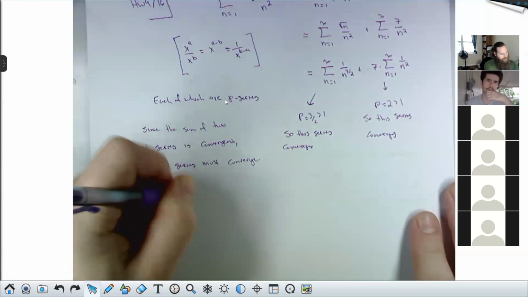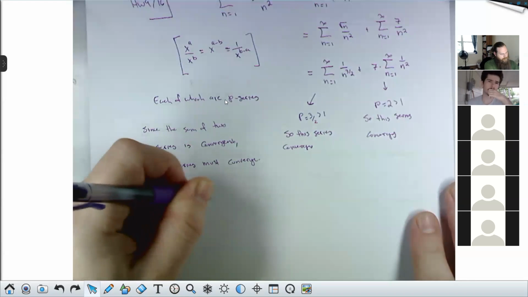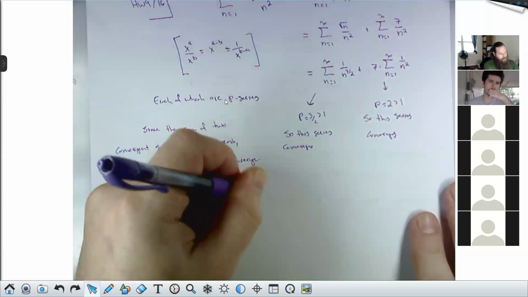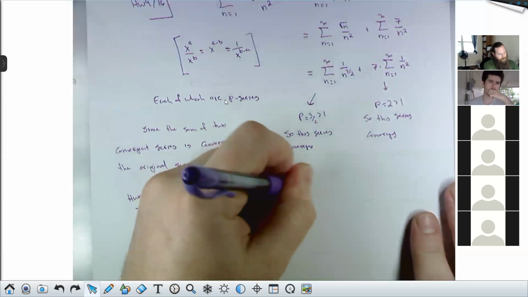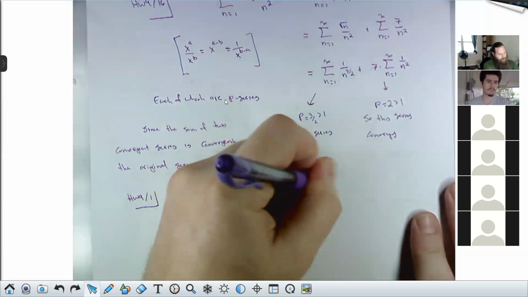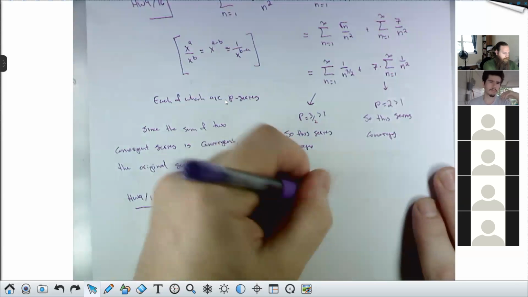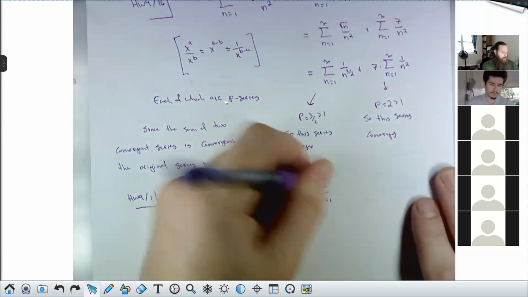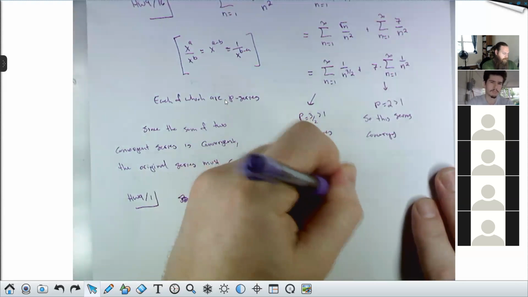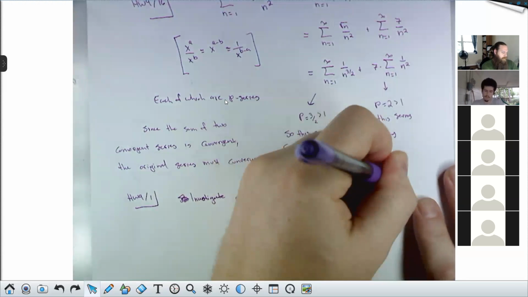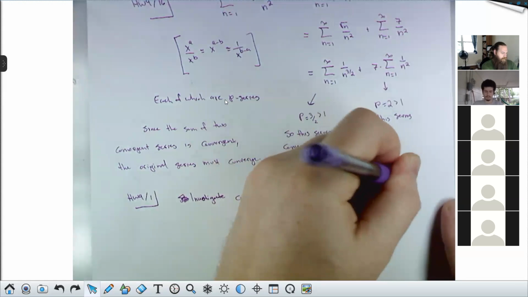All right, investigate convergence of s equals, we started at 1 or at 0, sigma n equals 1 to infinity n over n squared plus 9 using the integral test.